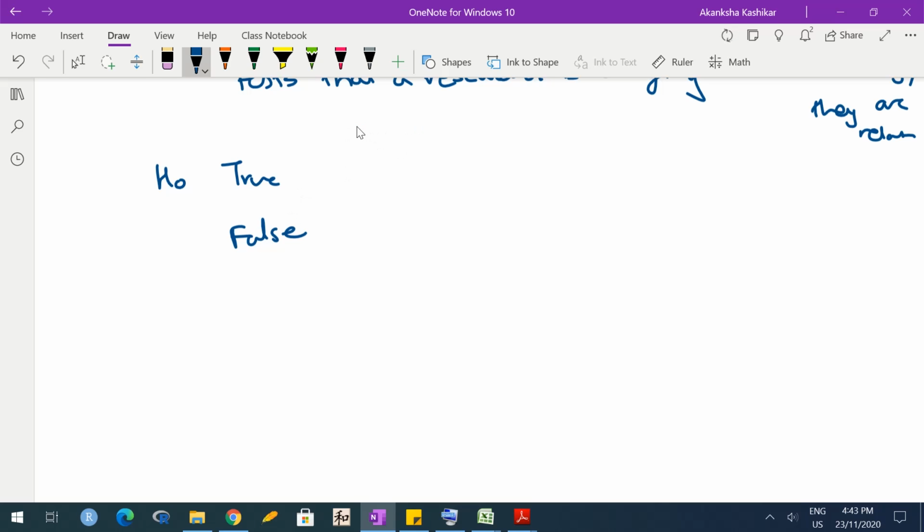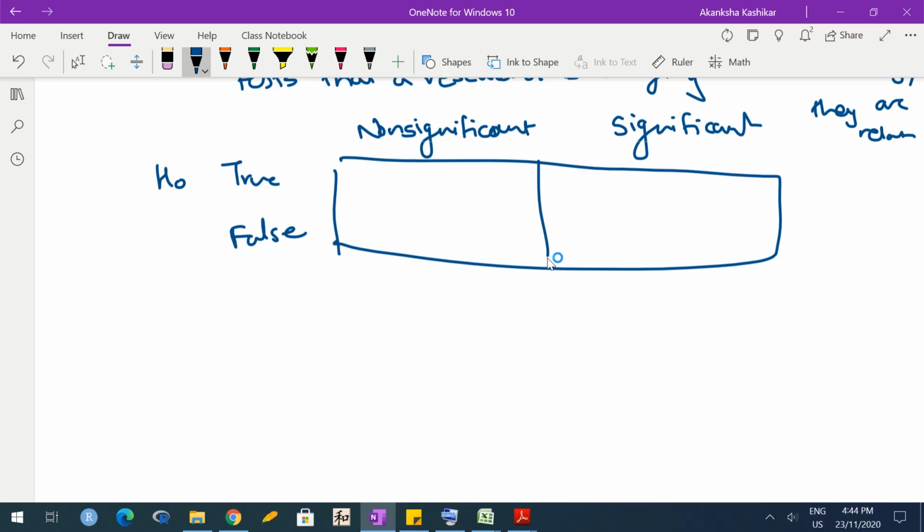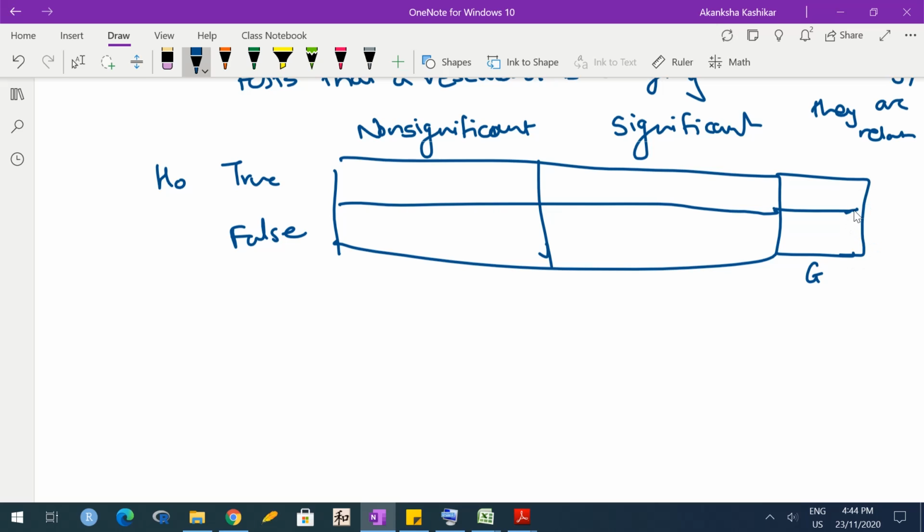On the other hand, the test can give us two outcomes: it can say that the difference is non-significant, or it can say that the difference is significant. So the total number of tests that we carry out can be divided into this 2x2 table. Suppose we carry out G tests. Why G? Because we are talking in terms of genes. Out of these G tests, for G0 the null hypothesis is true, and for the remaining G minus G0 the null hypothesis is false.